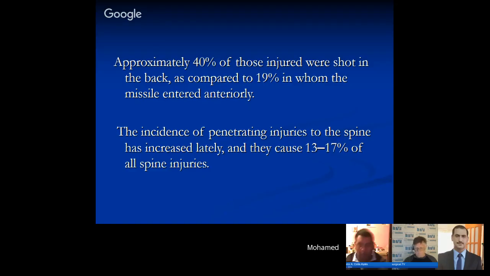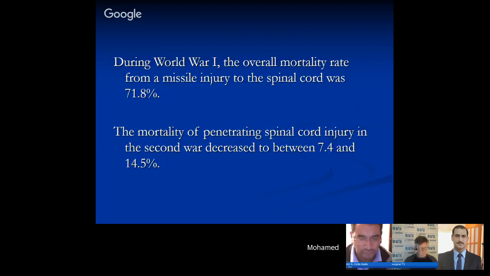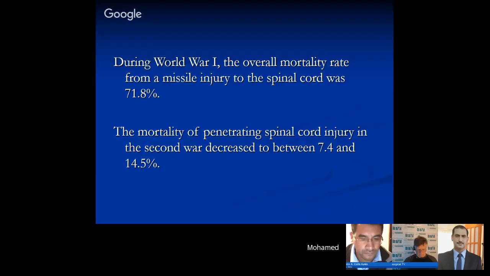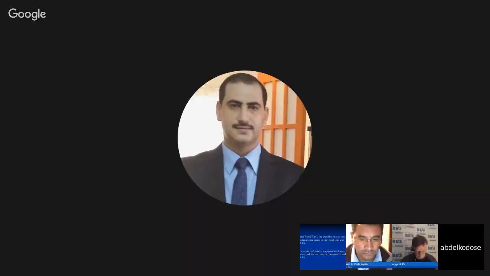The incidence of penetrating injuries to the spine has increased lately, and they cause 13 to 17% of all spine injuries. During World War I, the overall mortality rate from a missile injury to the spinal cord was 71.8%. The mortality of penetrating spinal cord injury in the Second War decreased to between 7.4 to 14.5%.